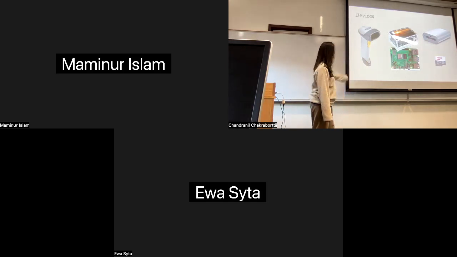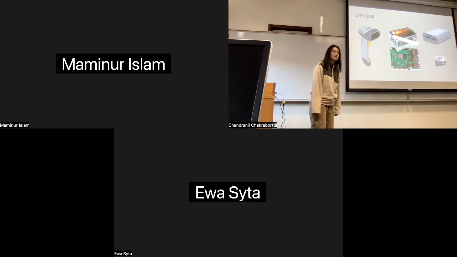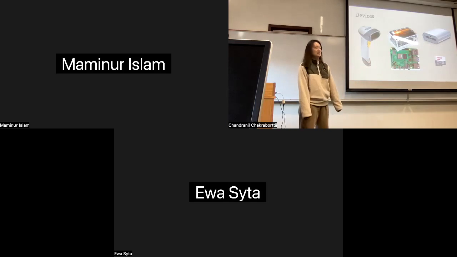And we also have a barcode scanner. It can scan student ID and the barcode on the books. Also, we have a portable charger to provide power and an SD card to store the whole system.